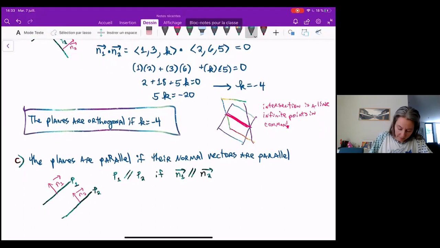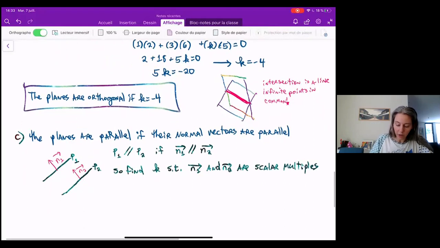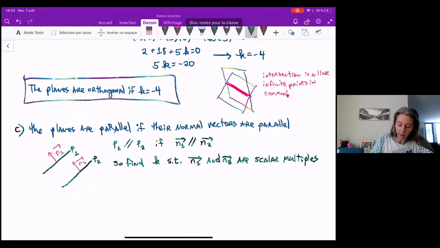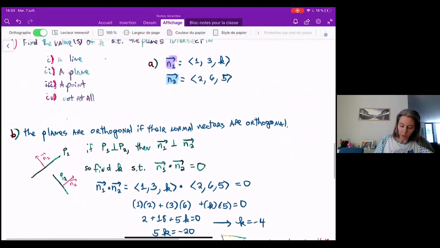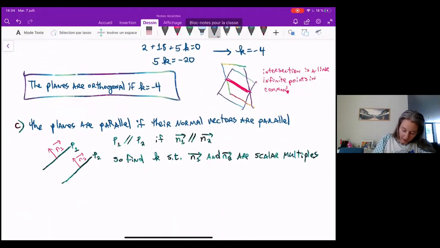So in other words, my first vector here was 1, 3, k and then 2, 6, 5. So I want to have some constant times 1, 3, k is equal to 2, 6, 5.